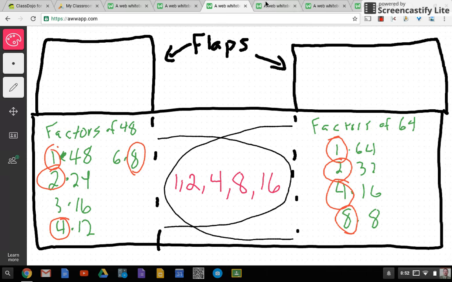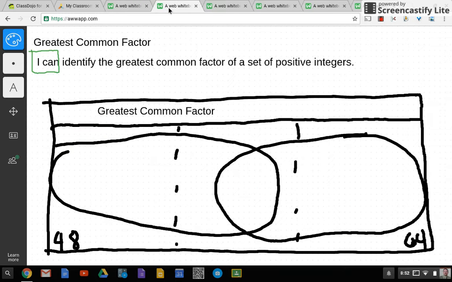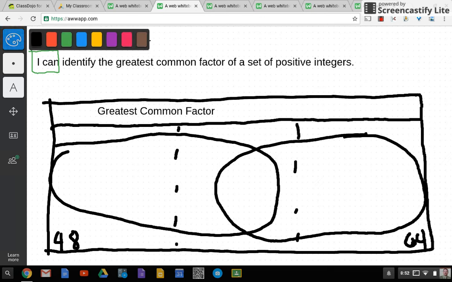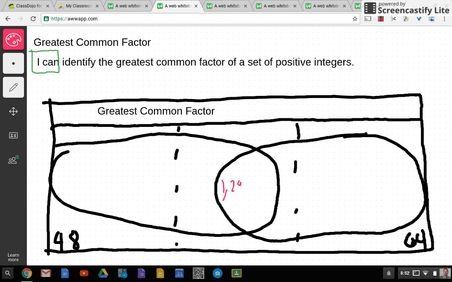Okay. So now when I go back to this front flap right here that we were on, the factors that I would need to list out here, remember, is, let me change my color to what I had. I believe I had 1, 2, 4, 8, and 16, which we've already written on that other page, but I'm going to write it again just to show you.